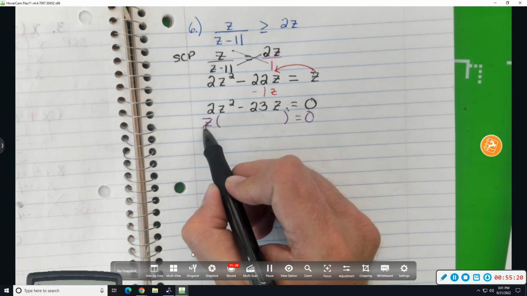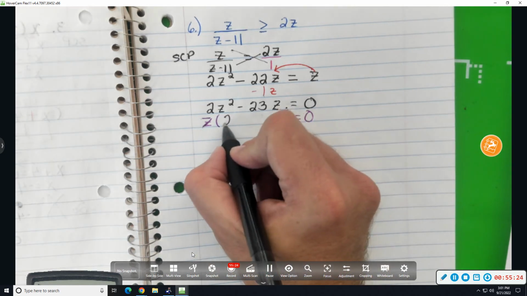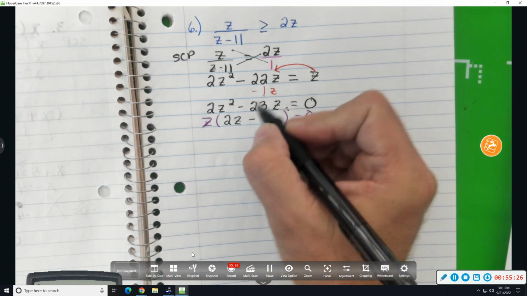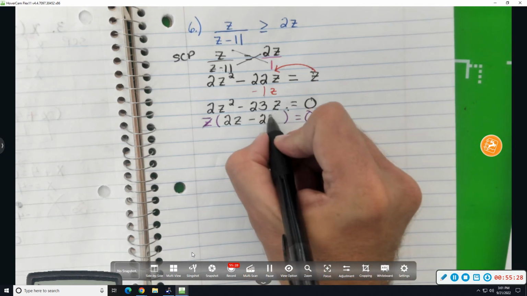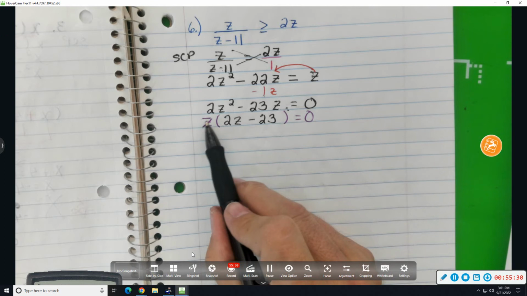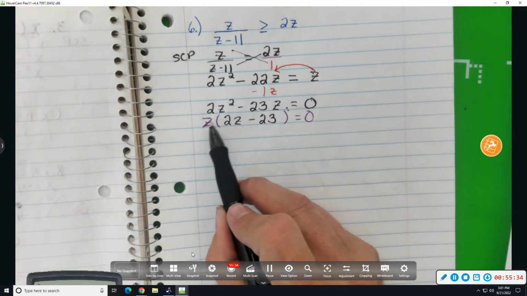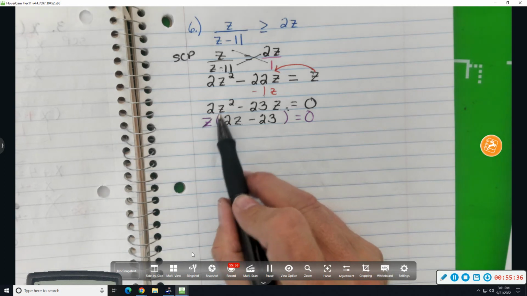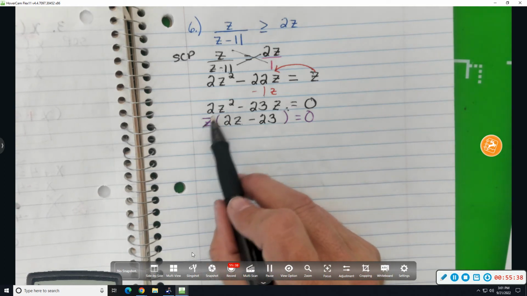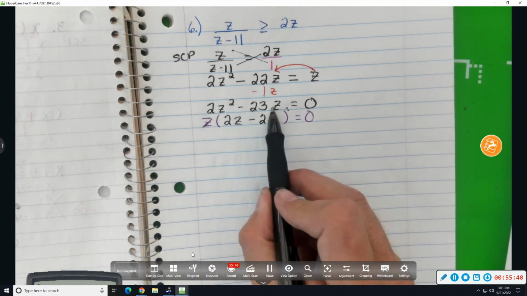It's called factoring out a variable. So we'd have a 2z here, and minus 23. See, you could check it by distributing the z. If I distribute the z, am I getting 2z squared? Oh, yeah. Then a minus 23z? Yeah.